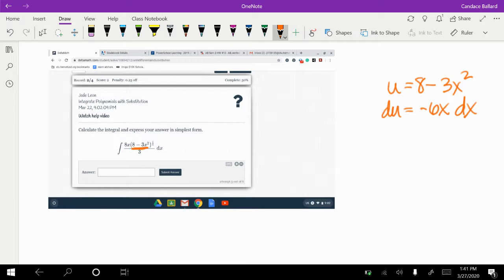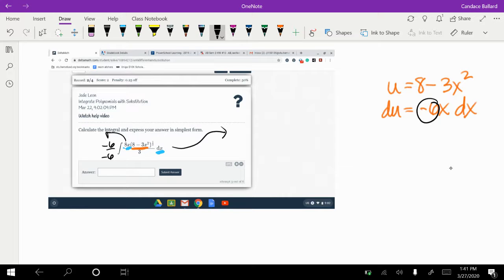I see the x. So let me go with my blue. I see the x. I see the dx, but I'm missing the -6. So I'm going to have to fix this up a little bit. So I'm going to multiply top and bottom by this -6. So -6 times -6. And we're going to do some fancy algebra moves here.